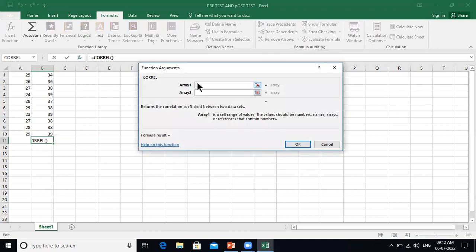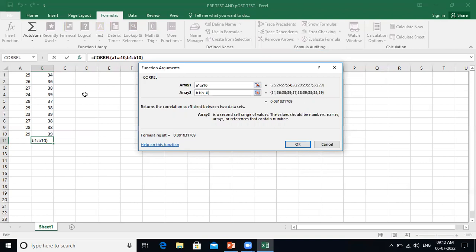Here we have to insert both columns: A1 to A10, then selecting B1 to B10. See here, the coefficient of correlation found is 0.08. 0.08 is the coefficient of correlation.